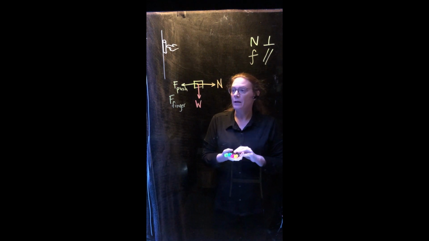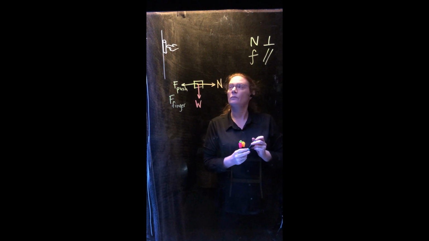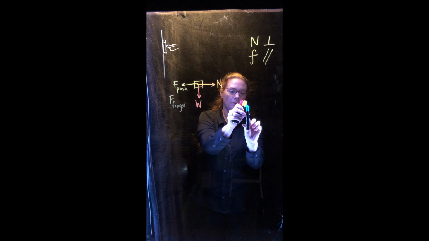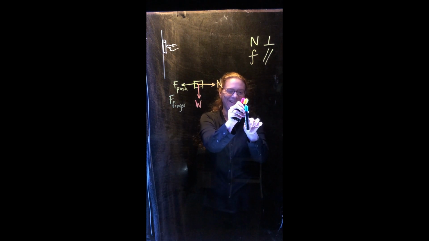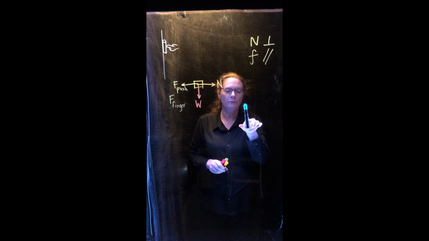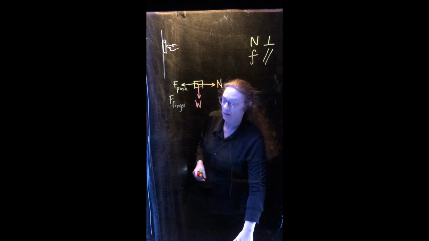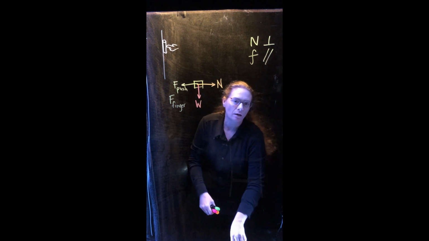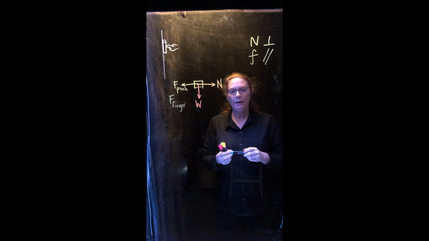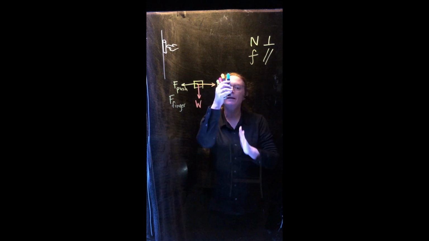And then the same thing for friction. If I push it, I can hold it still, or if I let it go a little, it starts sliding down. And so we do have that other force of friction, but again, friction is resisting sliding motion.